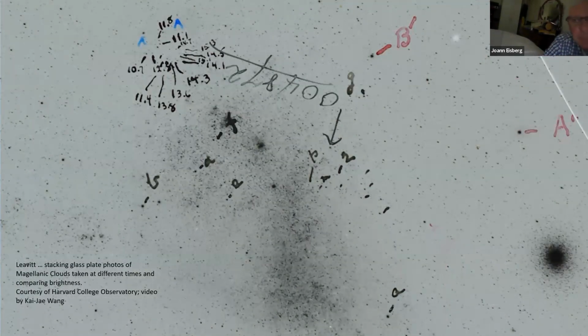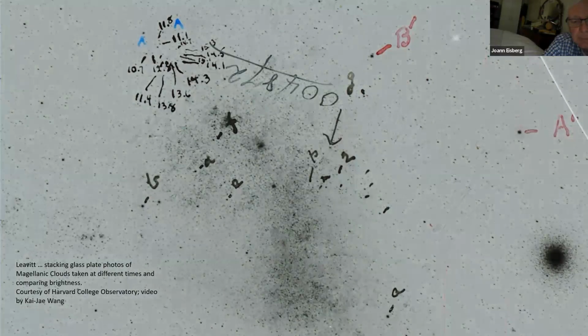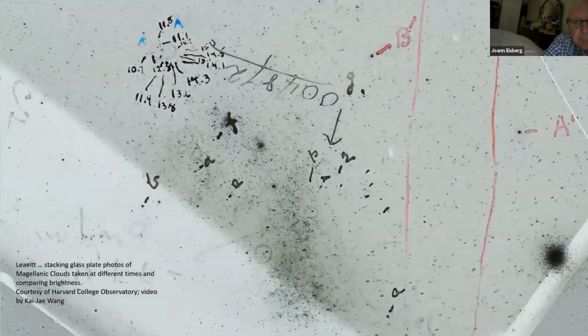I mean, this was a lot of finding, a lot of identifying, a lot of work. But luminosity, like 10.7, is the same scale we use today. Or 12.8, when we do zero. I think so.